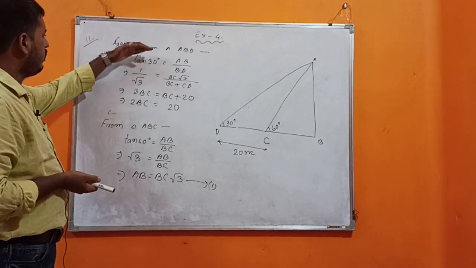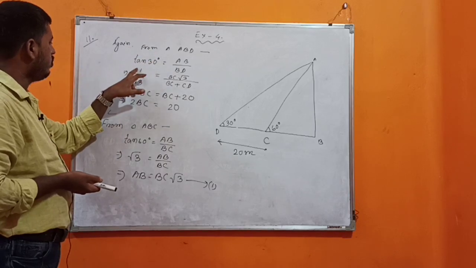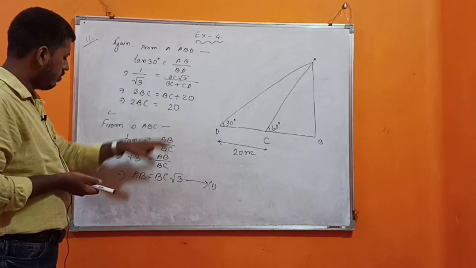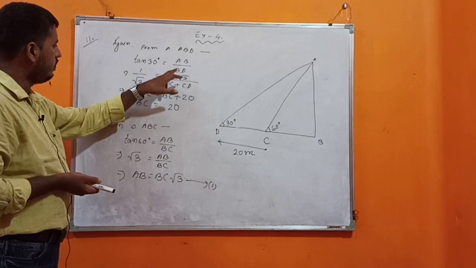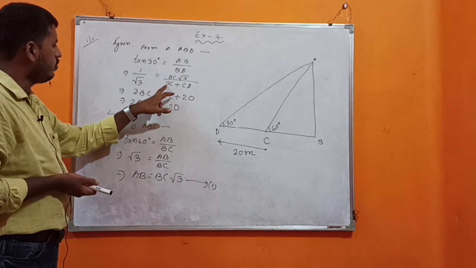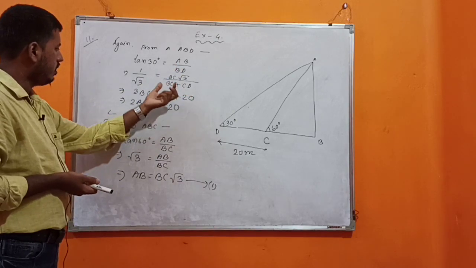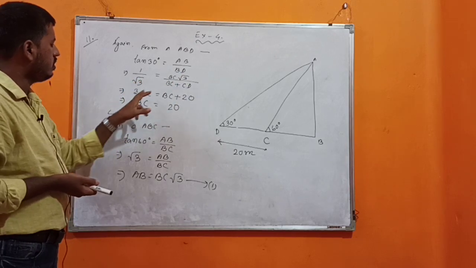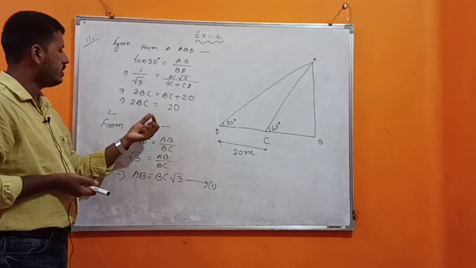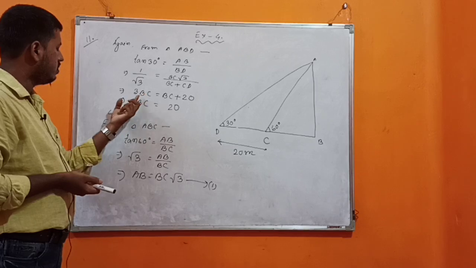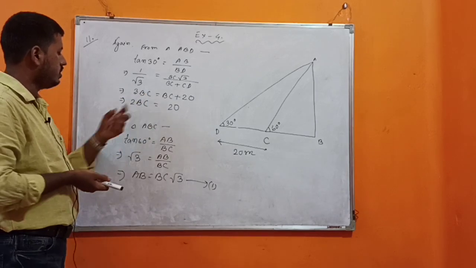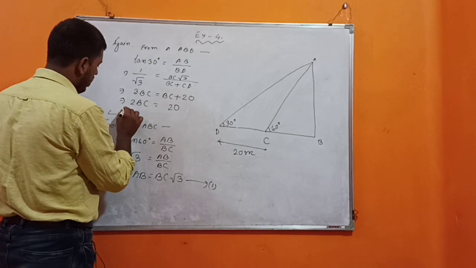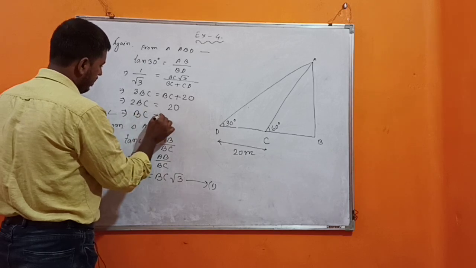I think if you have gone through this, tan 30 I have put 1 by root 3, AB here is BC root 3, BD I have put BC plus CD, and then cross multiplication, root 3 into root 3 is 3 BC equal to BC plus CD, and 3 BC minus BC, here is 2 BC equal to 20, and BC equal to 10.